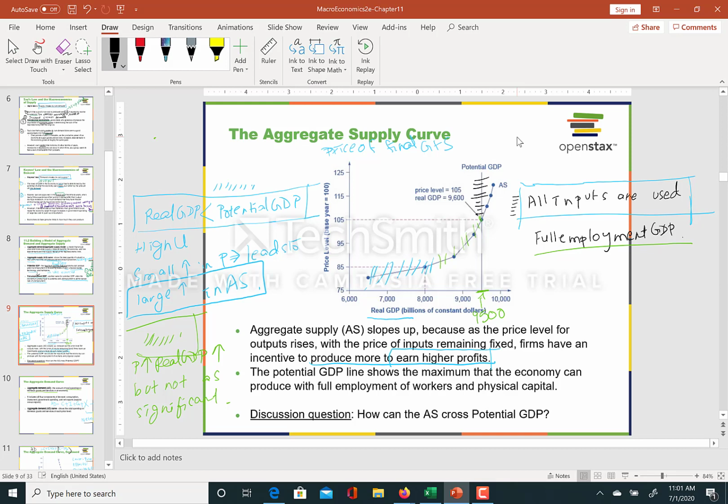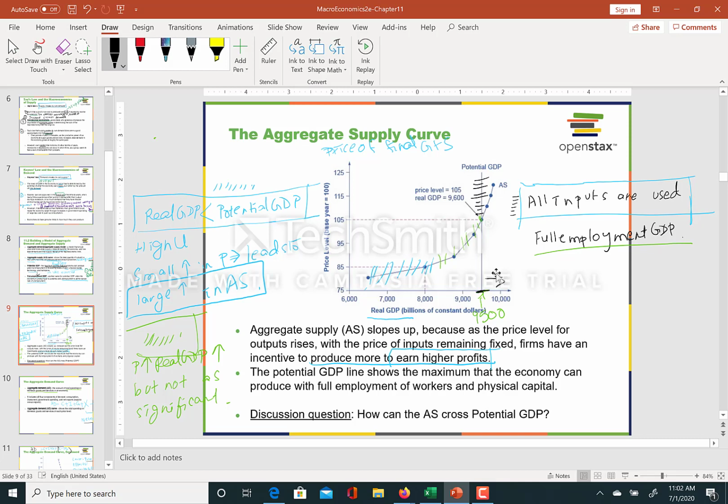At this quantity, higher prices for output cannot encourage additional output. The reason for this is even if the firms want to increase output beyond this point, they cannot really do so significantly because all the inputs are being fully employed.